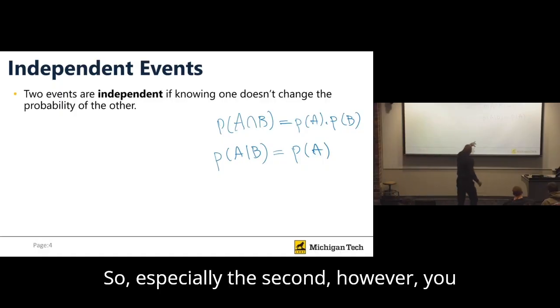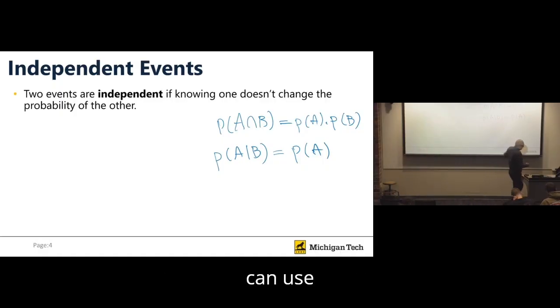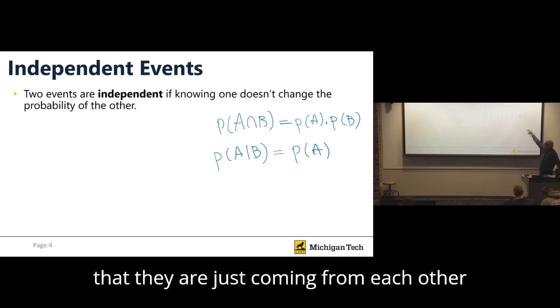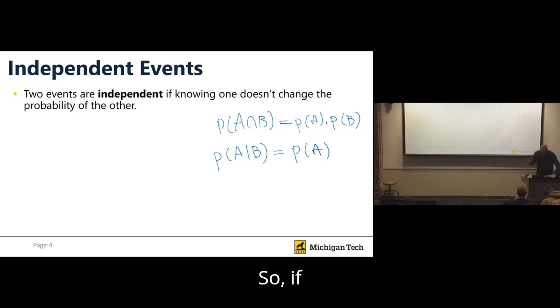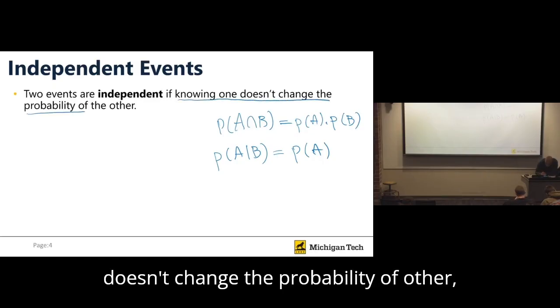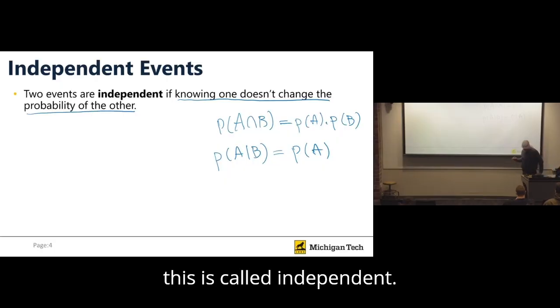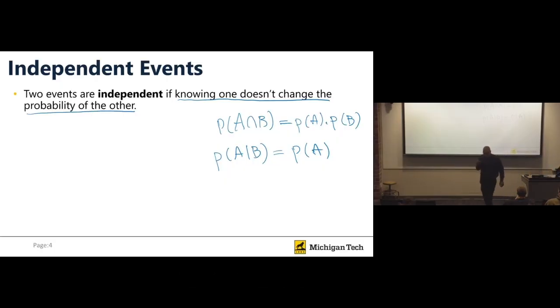Especially the second one, however, they just come from each other, and we can prove them. So if knowing one event doesn't change the probability of the other, this is called independent.